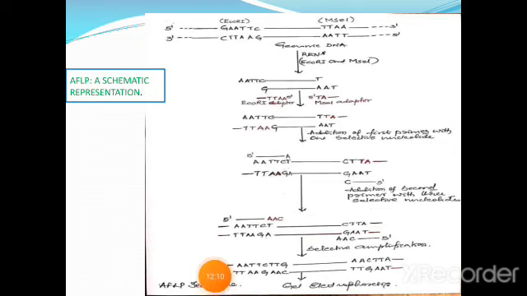So whatever I have shown in this slide, I'll just repeat. A genomic DNA is isolated and digested simultaneously with two restriction endonucleases, EcoR1 and MseI. Okay. Then the two enzymes will cleave the DNA and result in small fragments less than 1 kb, which are amplified by PCR.